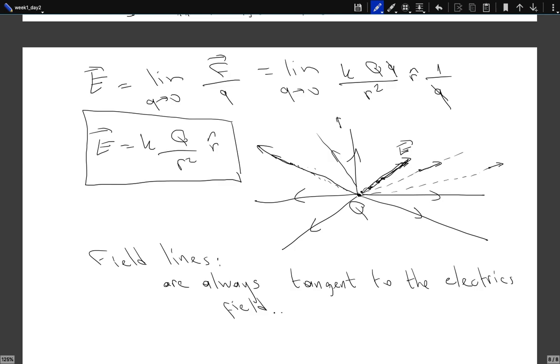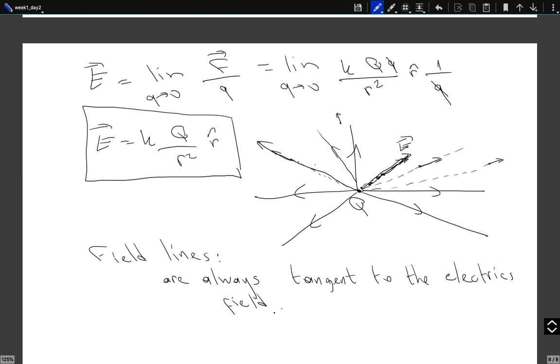So if you take this point, the electric field at this point is tangent to this line. If you take this point, the electric field is tangent to the field line passing through that point. So given the electric field lines, this allows you to determine the direction of the electric field.